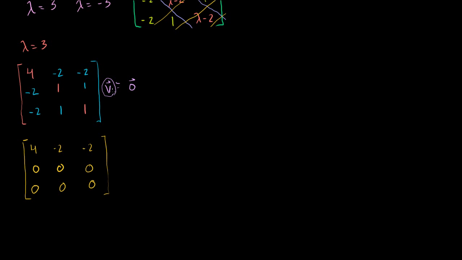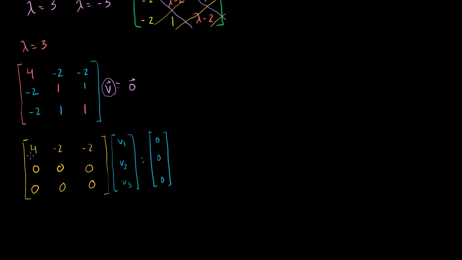So the solutions to this equation are the same as the solutions to this equation. Let me write it like this. Instead of just writing the vector v, let me write it out. So v1, v2, v3 are going to be equal to the 0 vector, 0, 0, just rewriting it slightly differently. And so these two rows, or these two equations, give us no information.